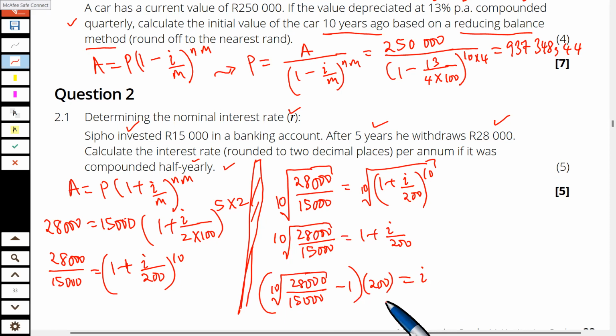Okay, let's check what this is actually going to give. This is the answer. So let's just do it. It becomes exactly the 10th root of 28,000 over 15,000, minus 1, times 200.